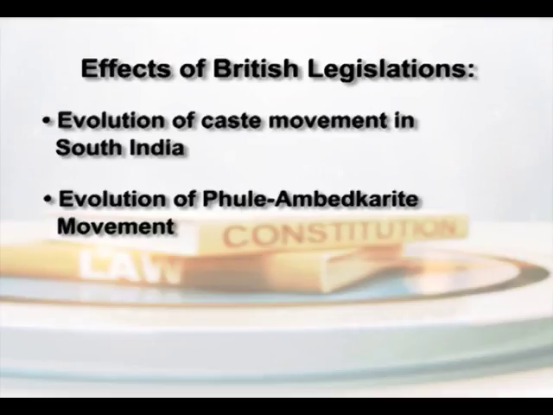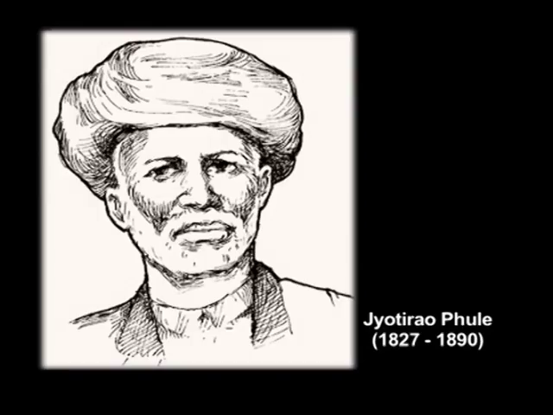Jyotiba Phule was a major social reformer of Maharashtra who believed that if we have untouchability and if we cannot provide education to the backward castes, then the modern Indian political system is hard to evolve. So he developed several political organizations, several social organizations to bring this particular issue into fore.